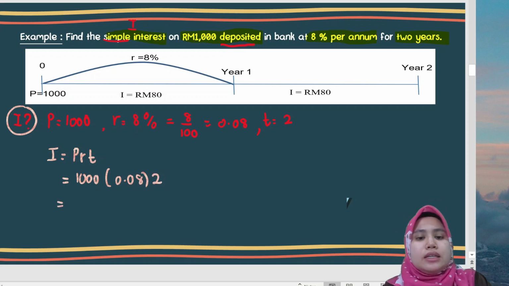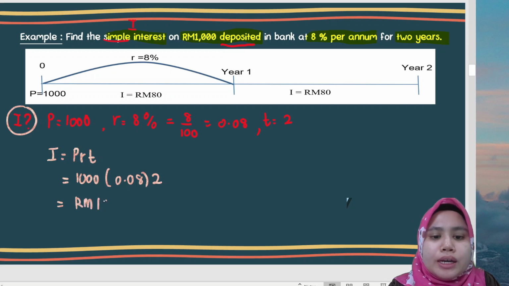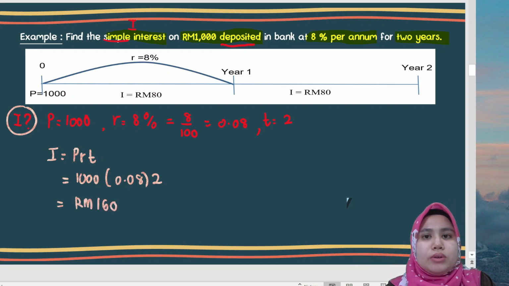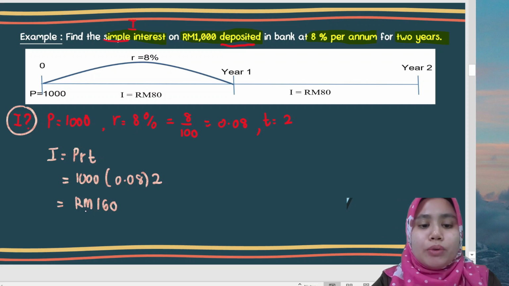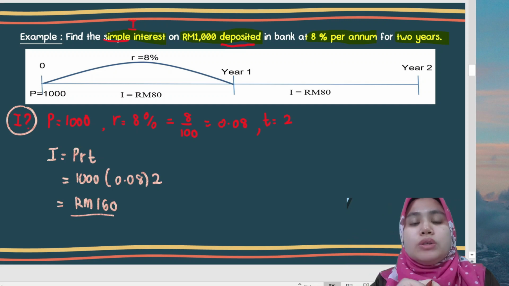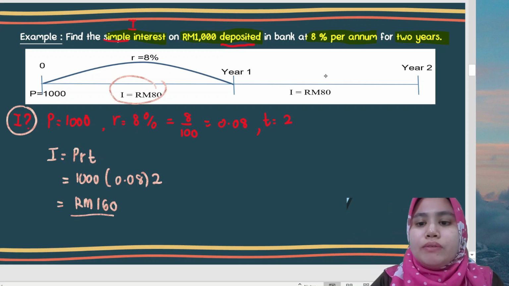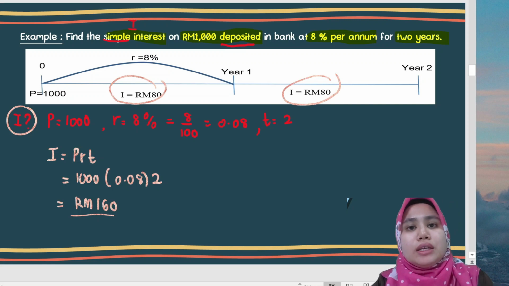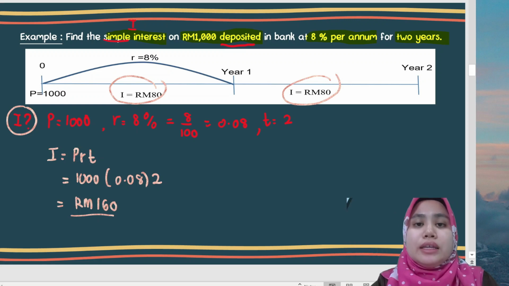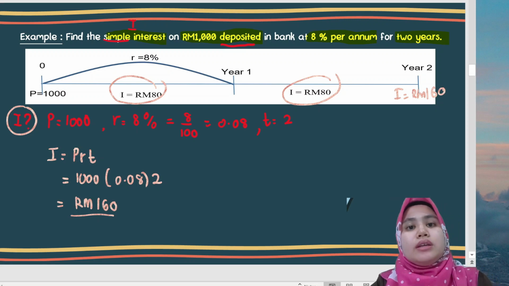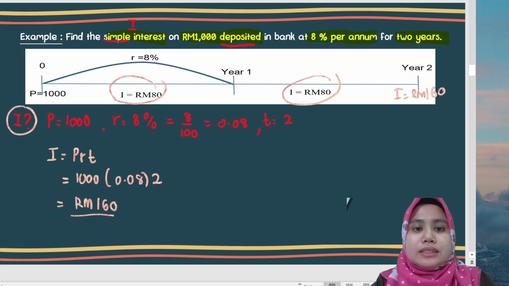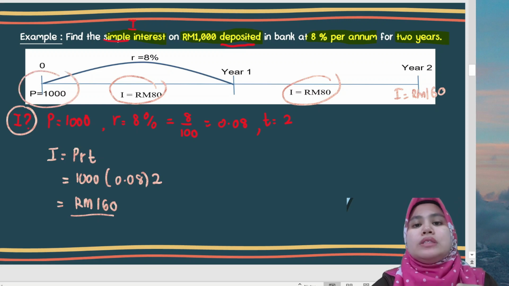Your calculation should give RM160. That means the interest that you will get is RM160 during 2 years. That's why we put there: I for the first year is RM80, and I for the second year is RM80. The total I that you will get at the end is RM160. Your simple interest depends on your principal.